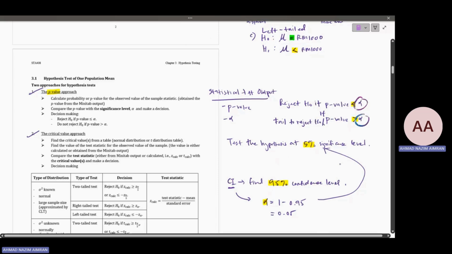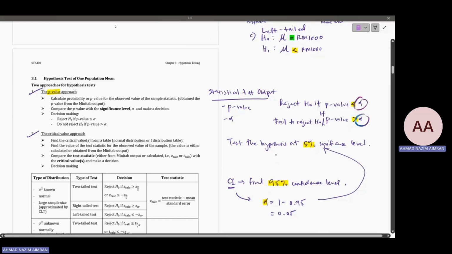Normally in the hypothesis testing, it is not mentioned find 95% confidence level or test the hypothesis at 95% confidence level. But usually the question will ask you to test the hypothesis at 5% significance level. These two things are the same thing. 95% confidence level is equal to the 5% significance level.